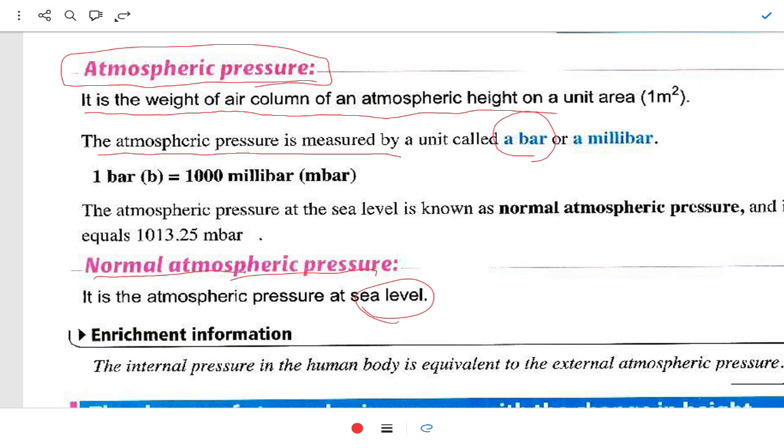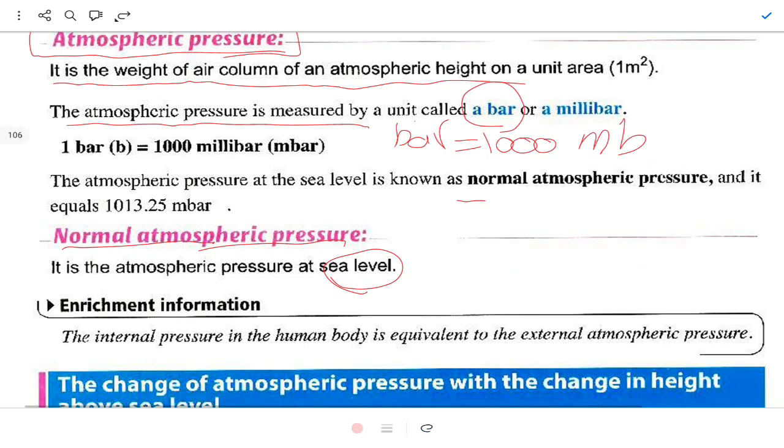So the bar is the unit of atmospheric pressure, and bar equals 1000 millibar. And take this information: the atmospheric pressure at the sea level is known as normal atmospheric pressure, as I told you.